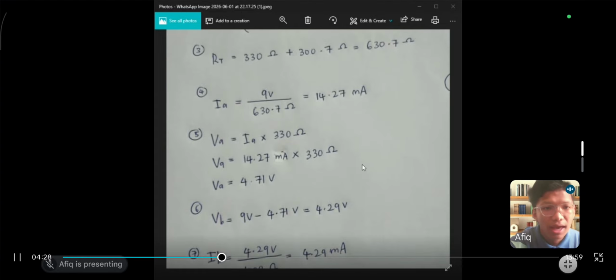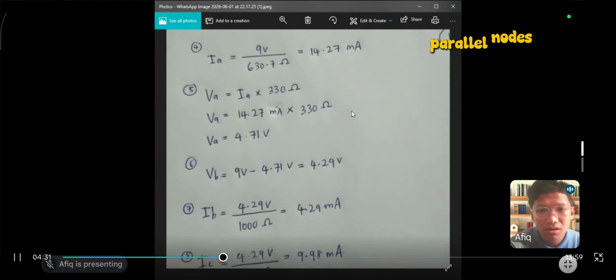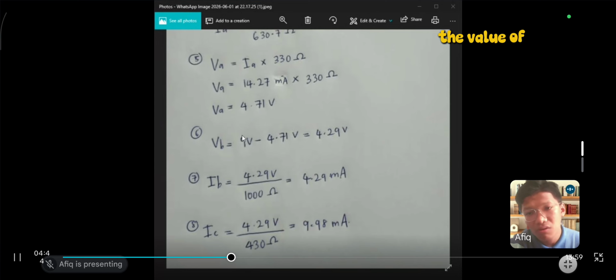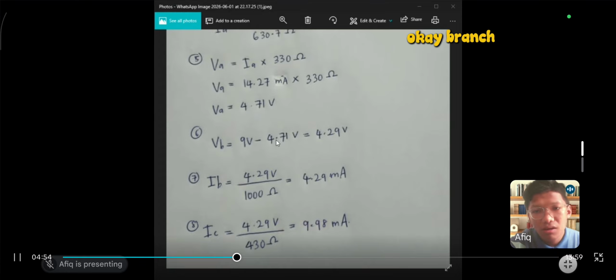And VB is the voltage across the parallel node, which means V series subtract VA, equal to 9 volt subtract 4.71 volt, which gives 4.29 volt. Branch current IB is 4.29 volt divided by resistor B, 1000 ohm, which gives 4.29 milliampere.